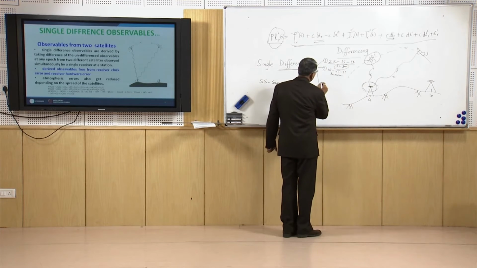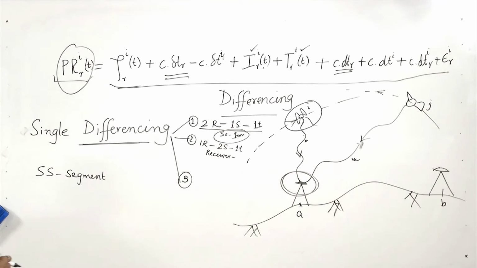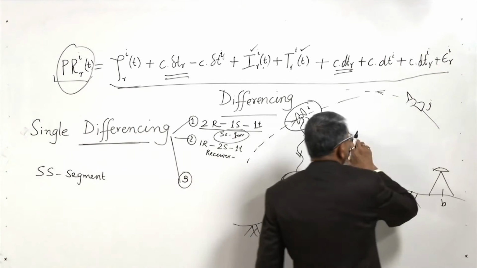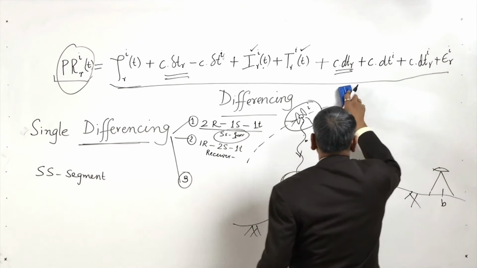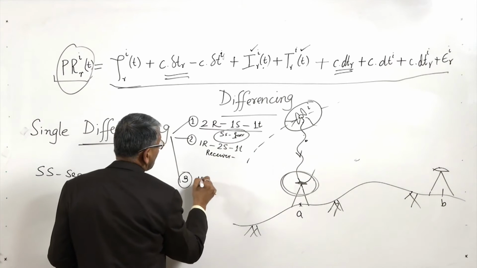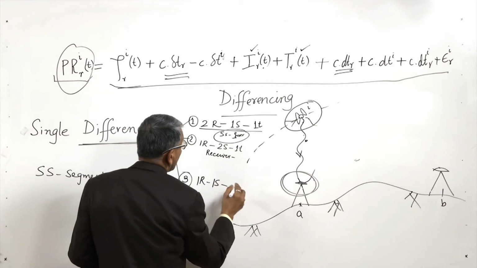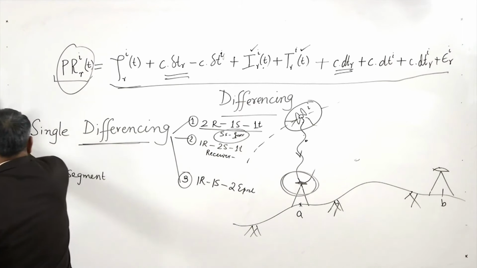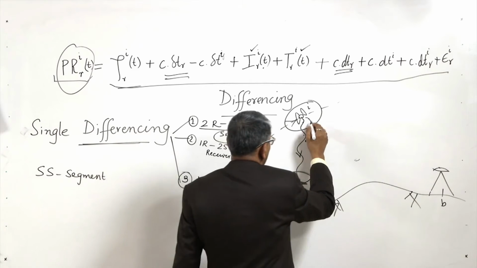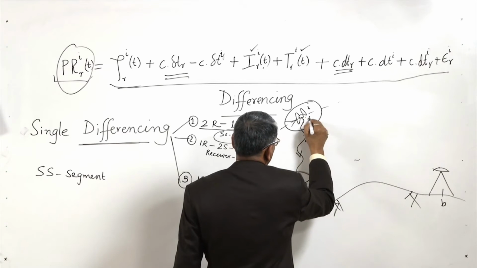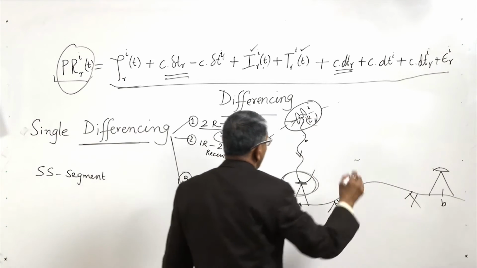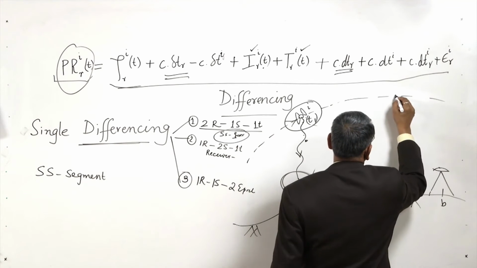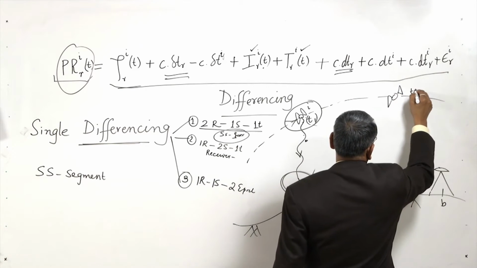And in the third case, instead of taking two receivers or two satellites, we will take one receiver, one satellite, but two epochs. That means the signal that comes at epoch T1 and travels some distance by time T2.